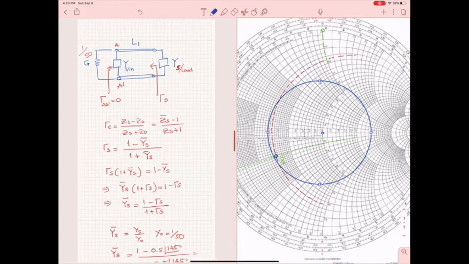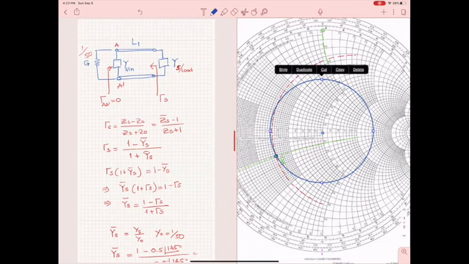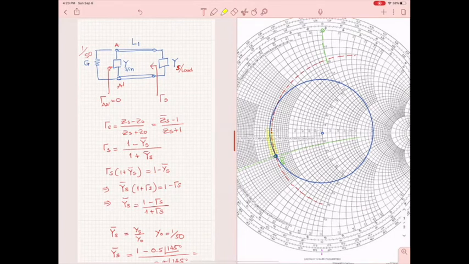There. Okay, not bad. So I can move along this constant VSWR circle to the right. So I will go like this. And I will go until when?